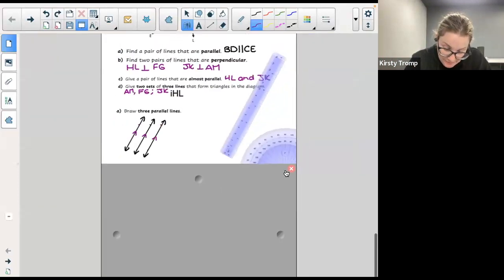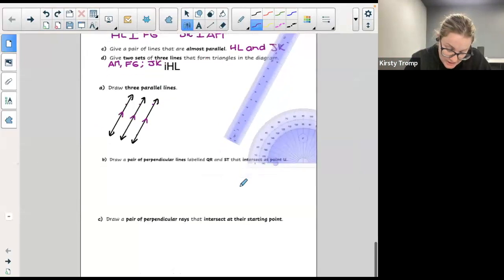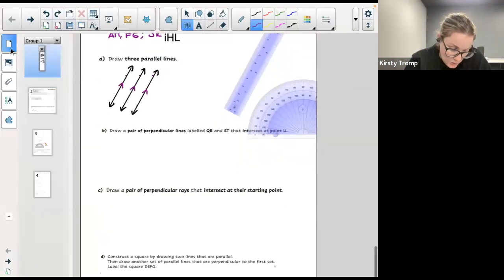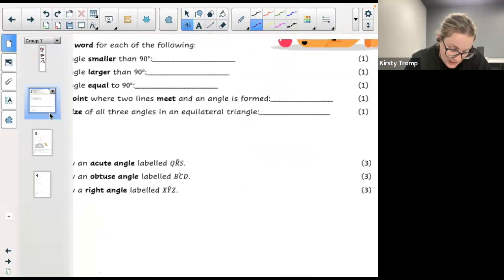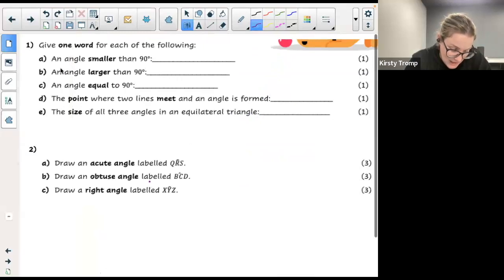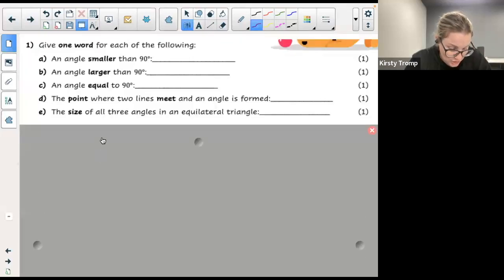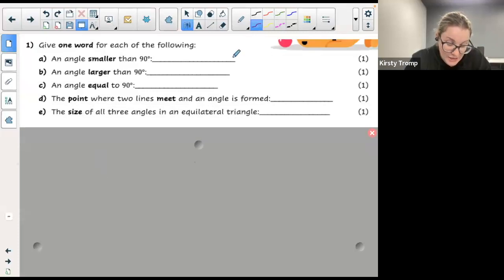Because in your quiz tonight, you're going to see parallel lines, perpendicular lines, everything about lines, and then we're also going to have angles and constructing angles. So let's go have a look at some angles.